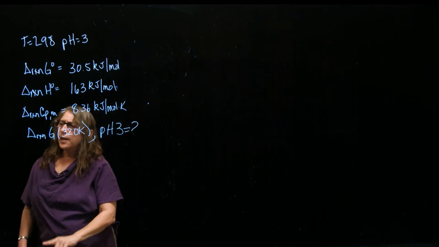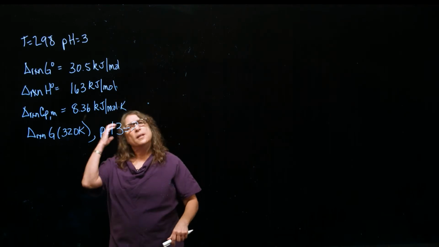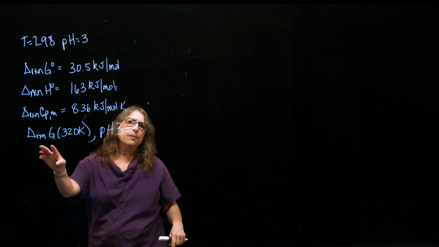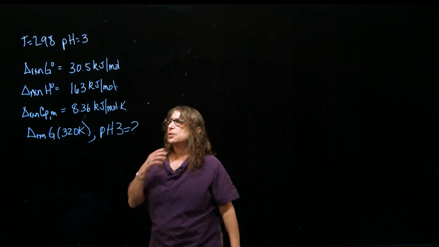And so we have some things we actually have to decide. One of them is, how are we going to do this? And we don't have any way of knowing what the Gibbs energy change is when the temperature changes.